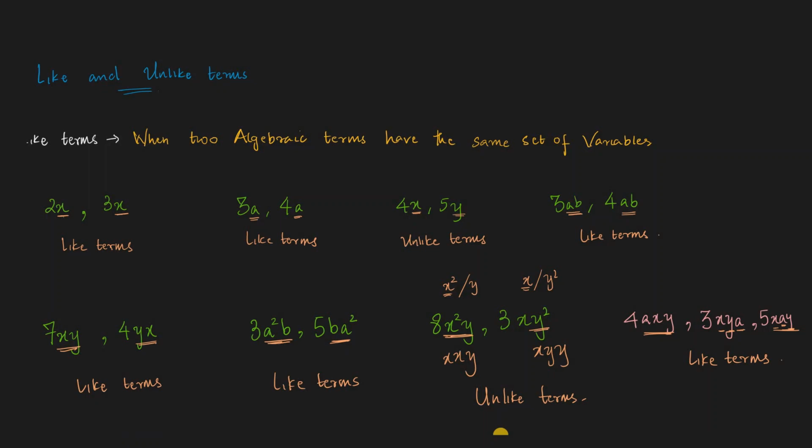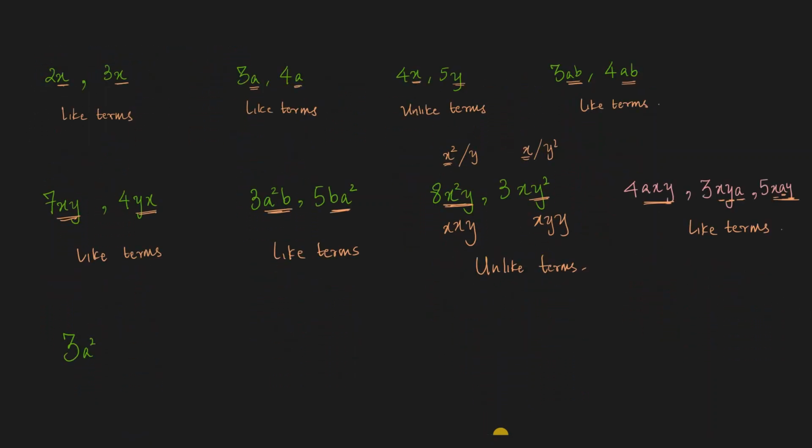Let's have a look at one final example. 3a squared bc, 5ba squared c, 7bc squared a. Let's analyze the set of variables. The variables present in the first algebraic term are a squared, b, and c. Notice that the squared variable here is a.